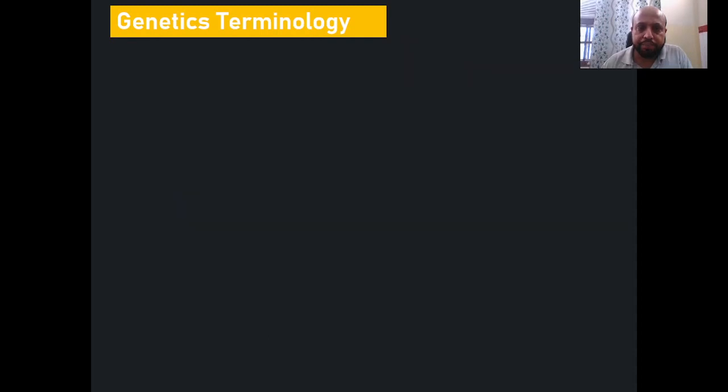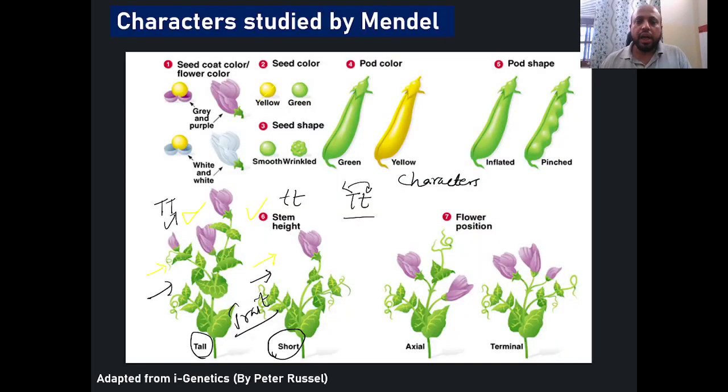Let's move ahead. These are the characters which were studied by Mendel. We defined this in our previous lecture number 1 as well. You see that two things have been mentioned. For example, seed color, yellow versus green, or seed shape, smooth versus wrinkled, or height of a plant, tall versus short.